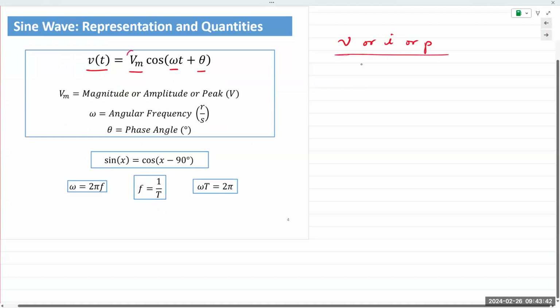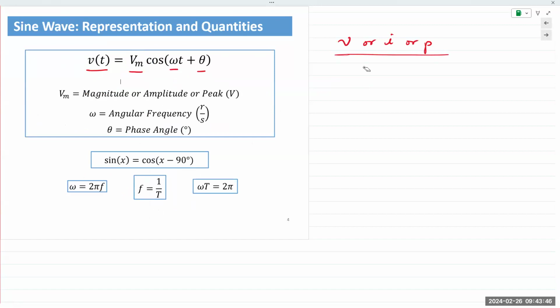So the first quantity in there, Vm, describes the y-axis value of that waveform. It is also referred to as the amplitude or the peak value. This specific value, Vm, is also written as Vp.